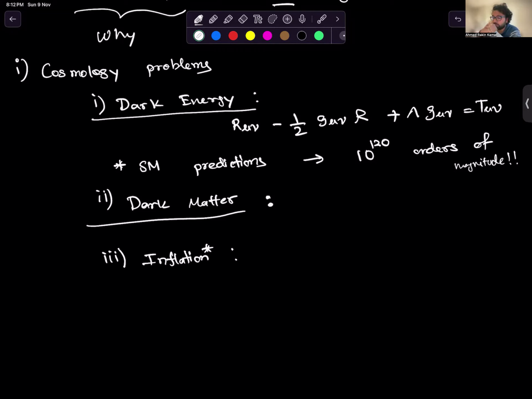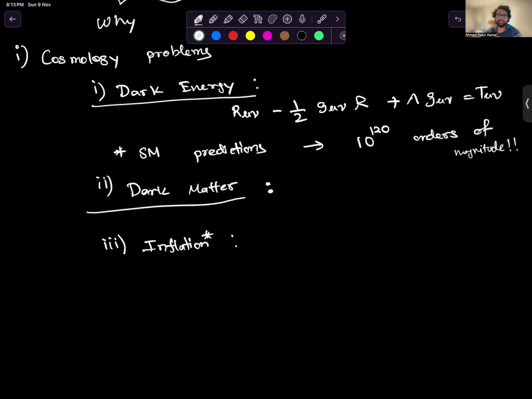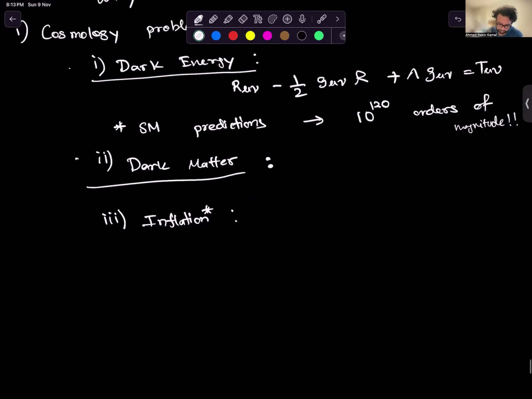Interestingly, there are no standard model fields that can do that job. The Higgs was a good candidate, but I think current observation suggests that it cannot be the Higgs. If we think about a QFT picture, it cannot describe the very early universe, and of course, not even the late or current time.